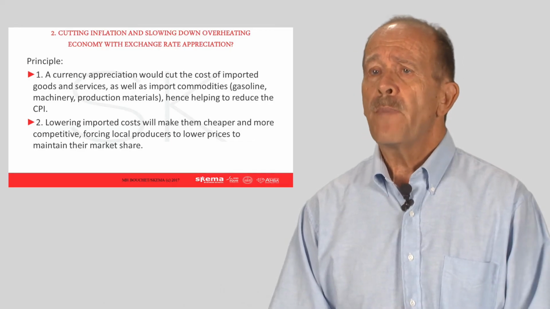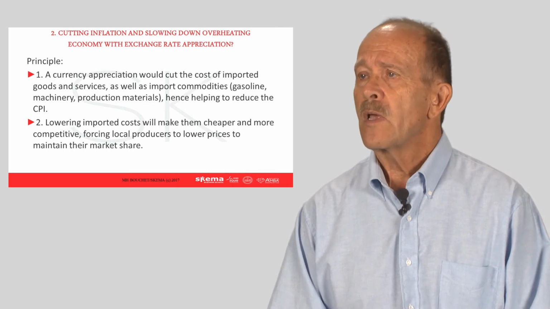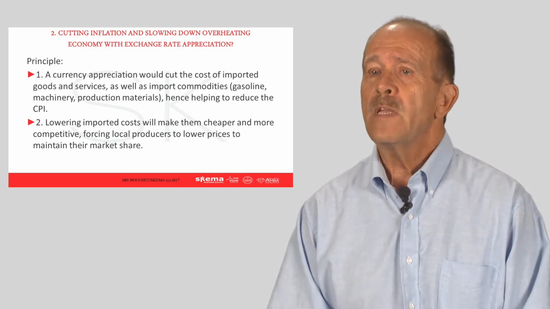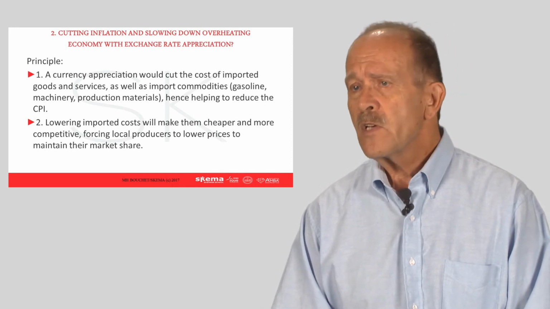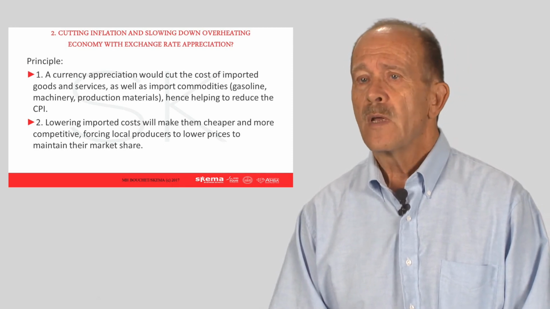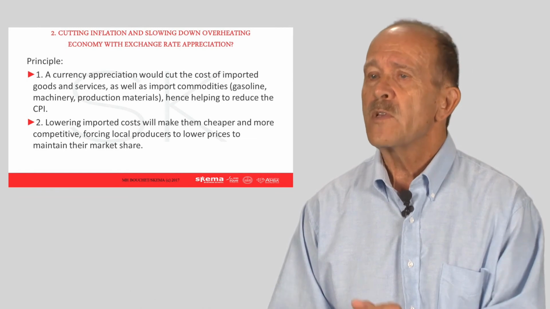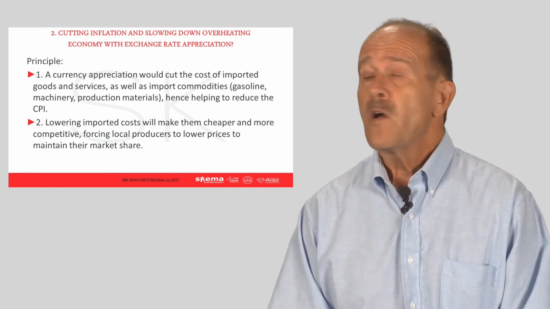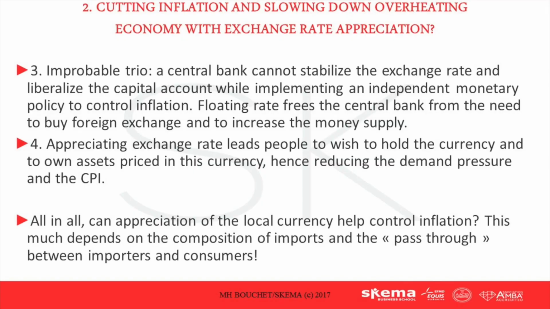Now let's look at the impact of a currency appreciation, hence a stronger exchange rate, like in the Eurozone in mid-2017. The consequence will be cheaper imports, hence a decline in domestic prices, a decline in inflation. Now, can an appreciation of the exchange rate help control inflation due to cheaper imports?